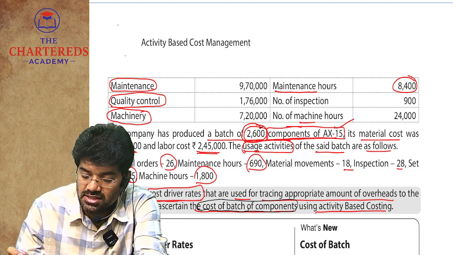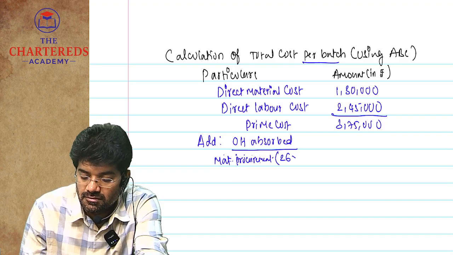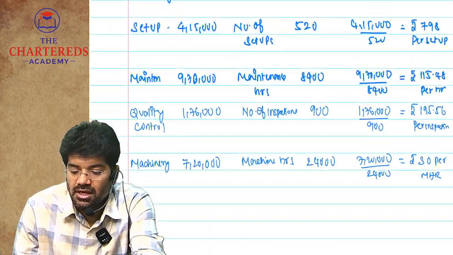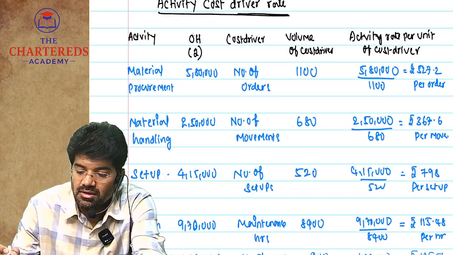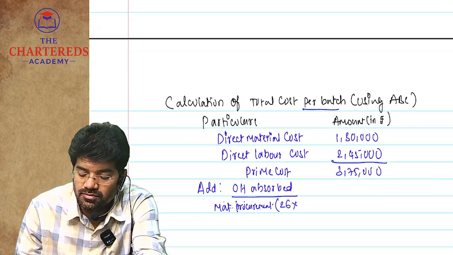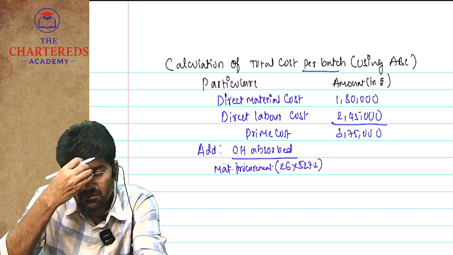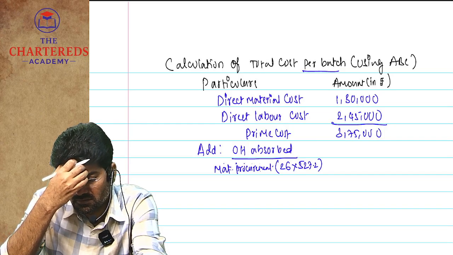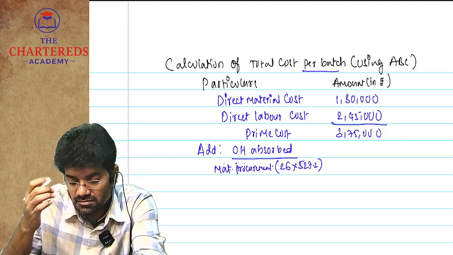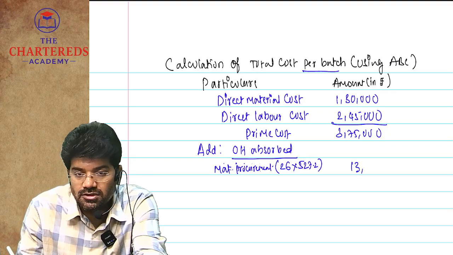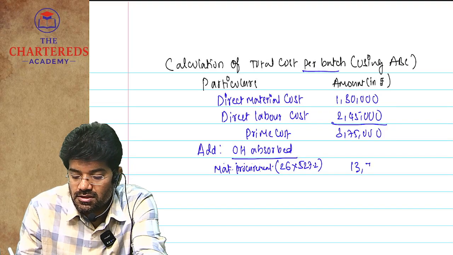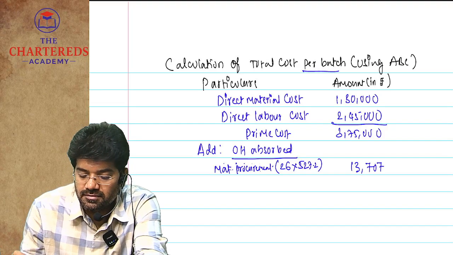So 26 multiplied with the rate we got, 527.2, gives 13,707.